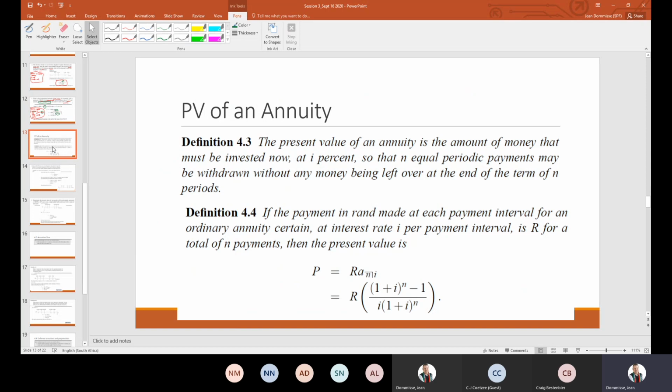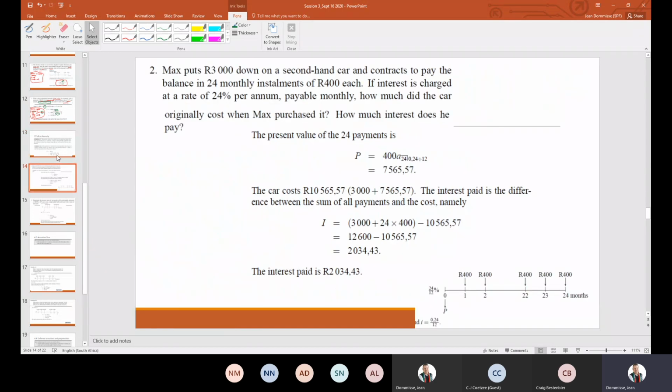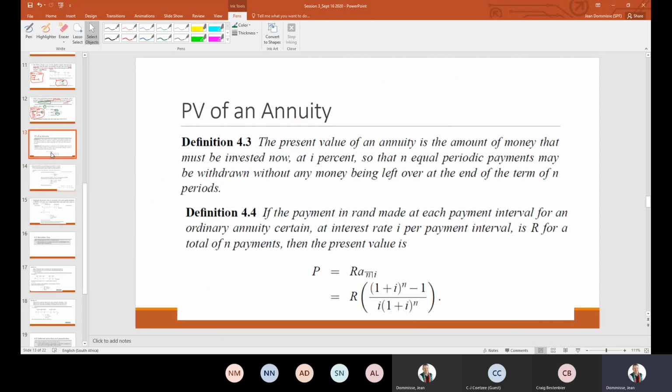Okay, so basically one of the next ones, we're going to go through this exercise again. Definitions. The first few questions were that we needed to work out the future value.